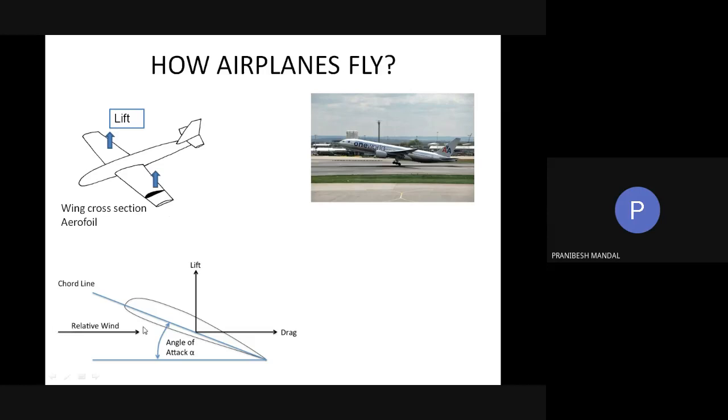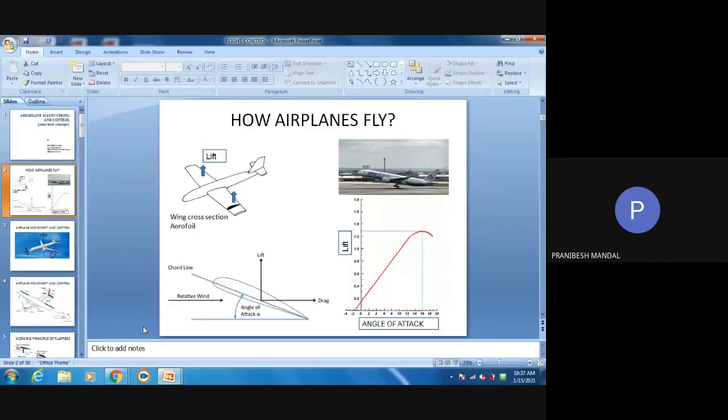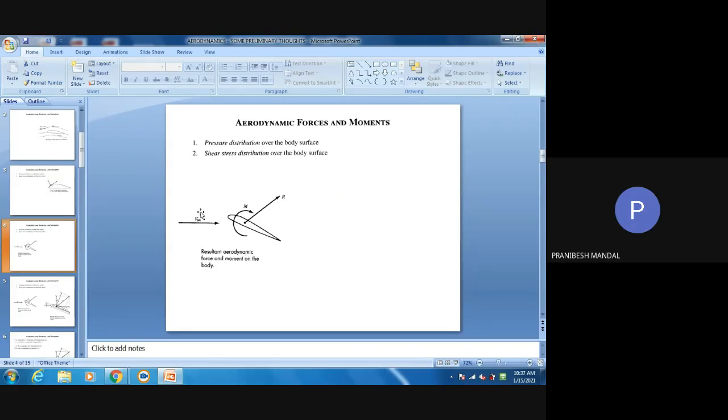That is why the relative wind is in this direction. So make it clear that the relative wind velocity, which I have shown here as V infinity, that we call the free stream velocity, is nothing but the velocity of the aerodynamic object or the airplane in otherwise static air.